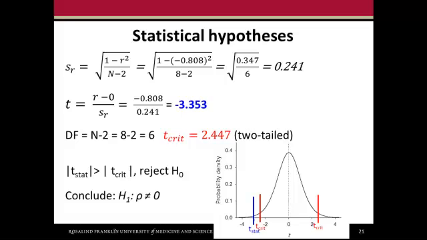And because the absolute value of our t statistic is greater than the absolute value of our critical value, we're going to reject our null hypothesis and conclude that the population level correlation coefficient is not equal to 0. And we found that our correlation coefficient in this case is estimated to be negative 0.808.